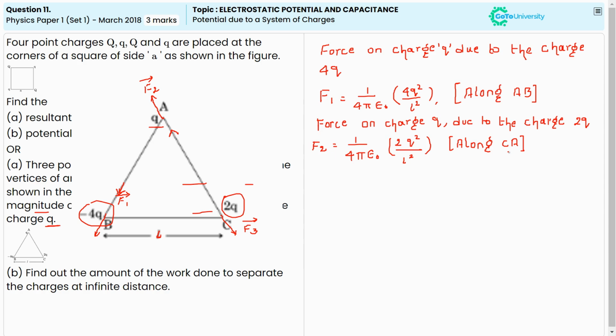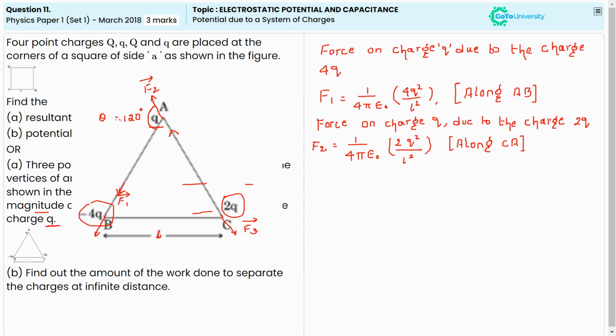The forces F1 and F2 are inclined to each other at an angle of 120 degrees. If it is an equilateral triangle, then the inside triangle angle is equal to 60 degrees, and the external angle, this angle, is definitely equal to 120 degrees. Then we can call it theta.